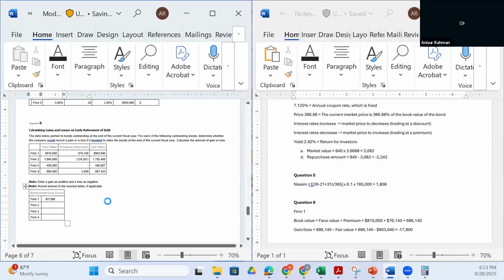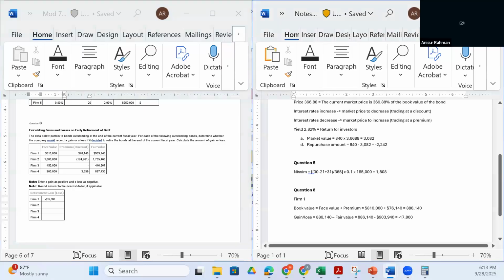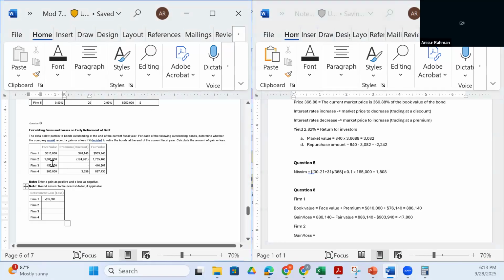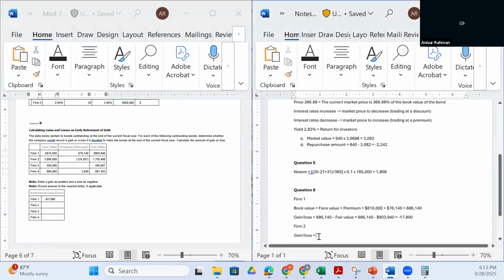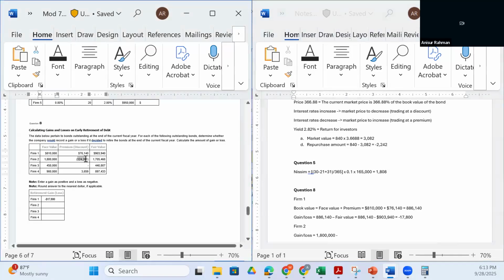So again, let's do firm 2 one more. For firm 2, gain or loss will be, your book value, which is face value, plus premium or minus discount. So we have a discount here, so minus this amount.